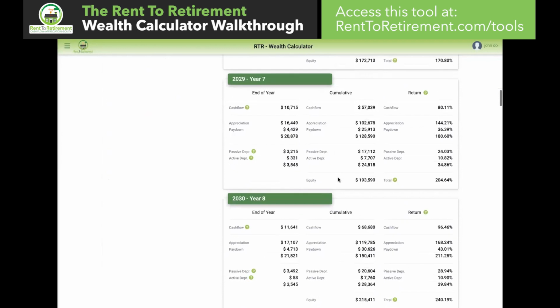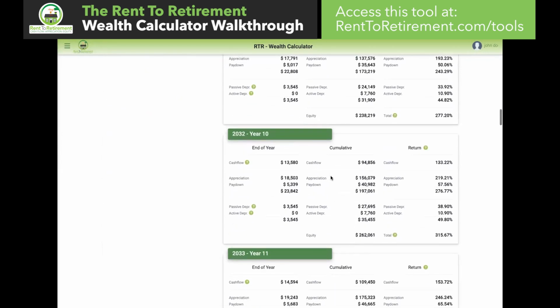So you can go down to year 10 on this property, and an annual cash flow in year 10 would be 13,580 based on our assumptions. That's quite a large improvement from where we started out at 5,700. And then you can show that the cash flow you've received the entire time is close to 100K, appreciation 156, loan pay down almost 41,000.